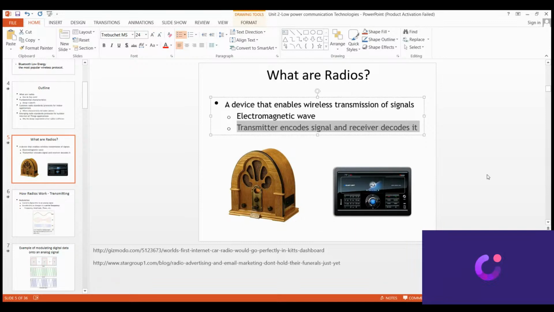The transmitter has to encode the signal in a form that is transmittable via the electromagnetic waves, and when it reaches the receiver, the receiver has to decode this signal so that it's able to make sense out of the communicated information.